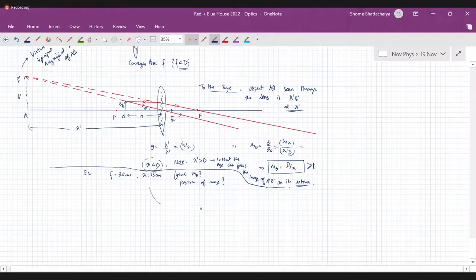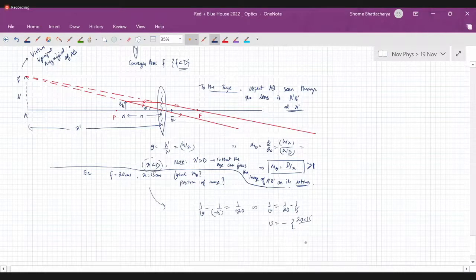First of all, when we use the lens formula, we'll get 1 by v minus 1 by minus 15 is equal to 1 upon plus 20, using the proper sign convention. So we'll get v as minus 60.